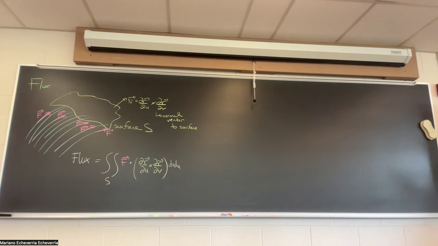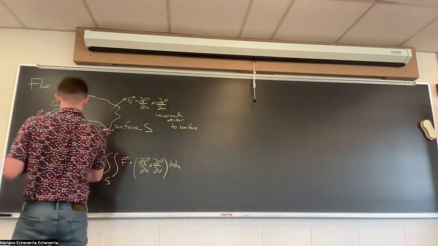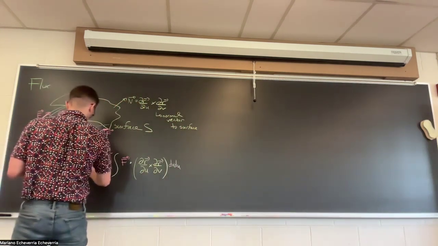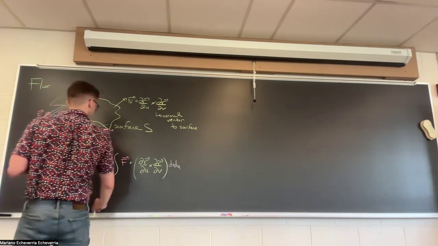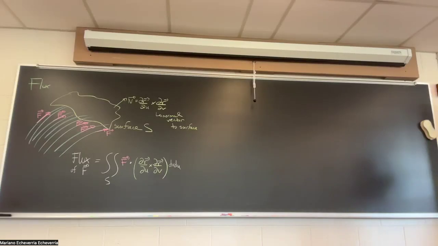Okay. So in this case, I should call this the flux of F. The flux happens to be a double integral of sorts. What the divergence theorem says is that in certain circumstances, you can compute the double integral in terms of a triple integral when the surface happens to be closed.